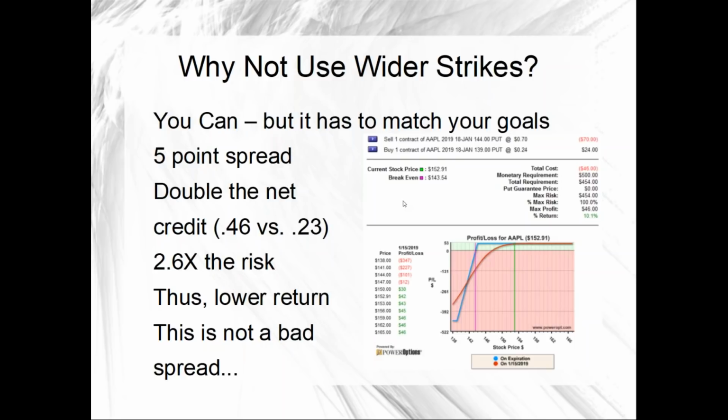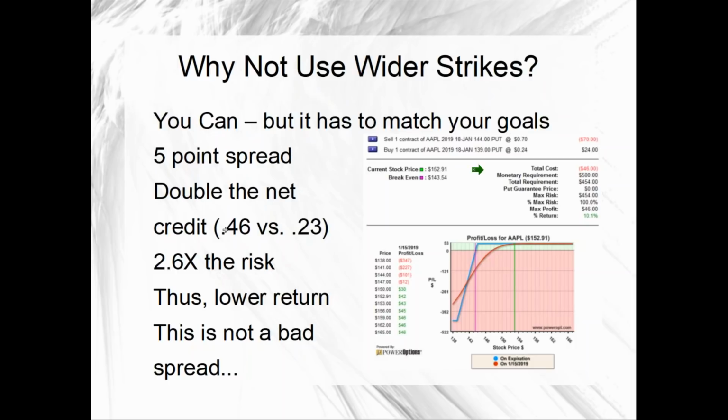Here we see the same structure of selling that 144 put for January 18th expiration with a 5-point strike difference, buying the 139 for only 24 cents instead of buying the 142 for about 47. We're paying half the cost, which means instead of getting a 23-cent net credit, we're taking in a 46-cent net credit, double the premium.